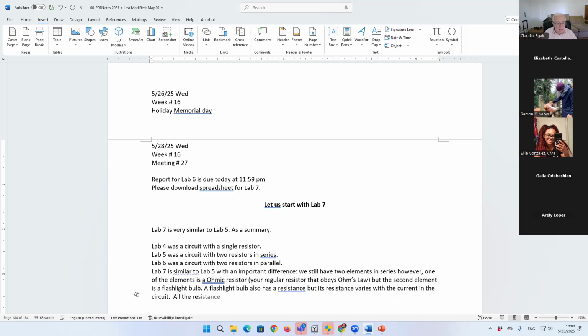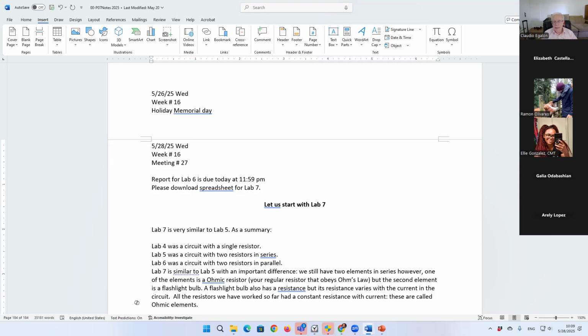All the resistors we have worked so far had a constant resistance with current. These are called ohmic elements. By the way, that's not in the book, okay?